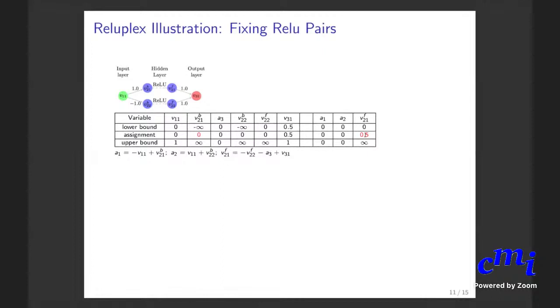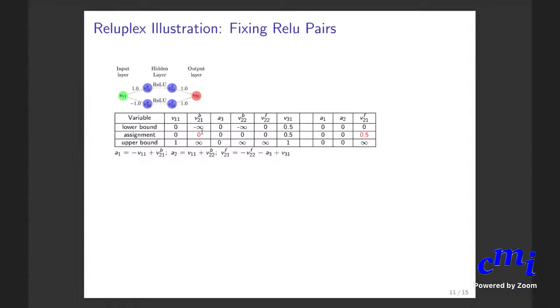Okay, because V21F is 0.5, whereas V21B is 0, while this solution that I got satisfies the LP problem, it breaks the ReLU pair, the first ReLU pair here. Okay, that check can be done easily, right?